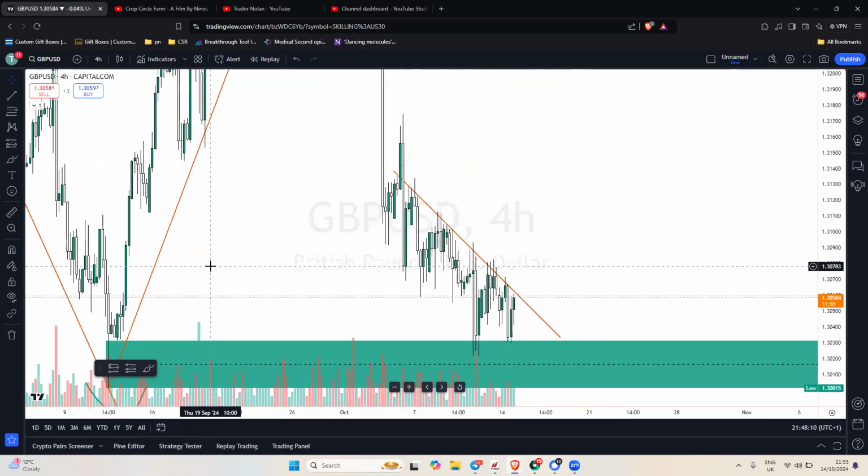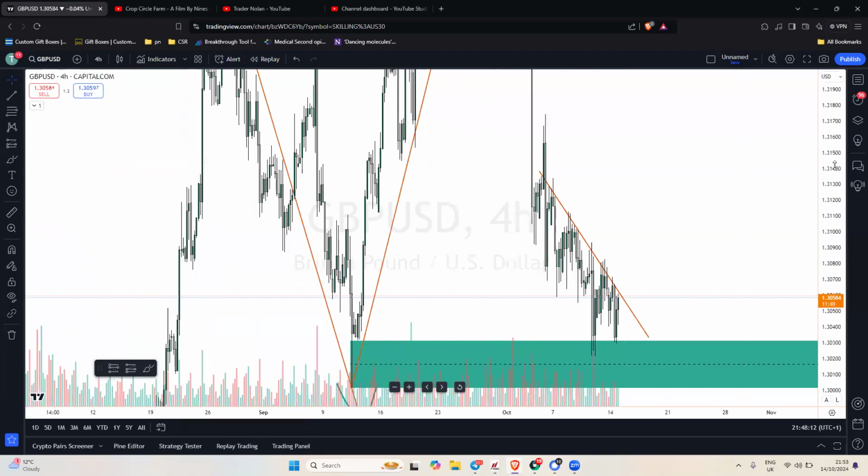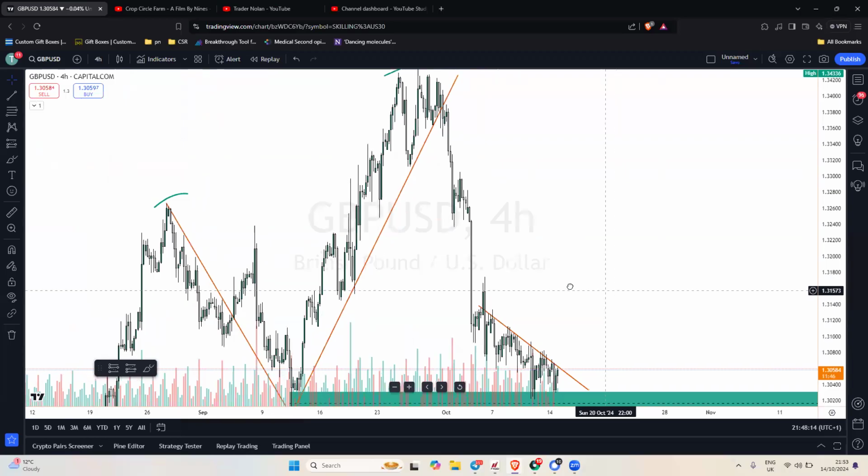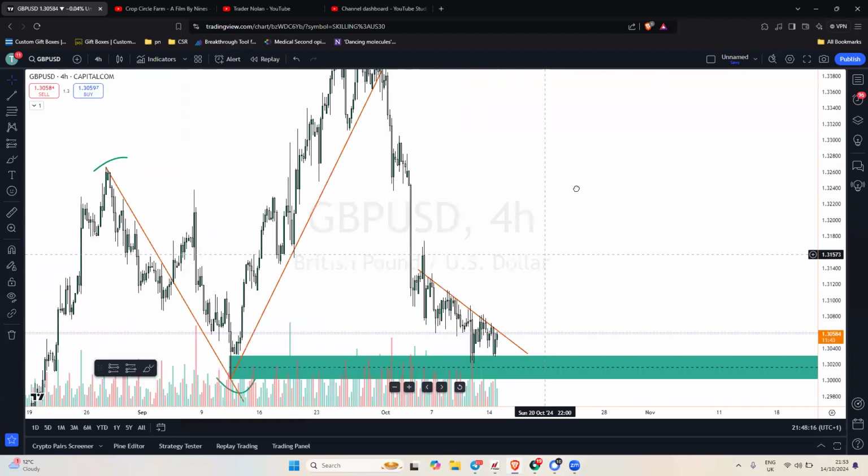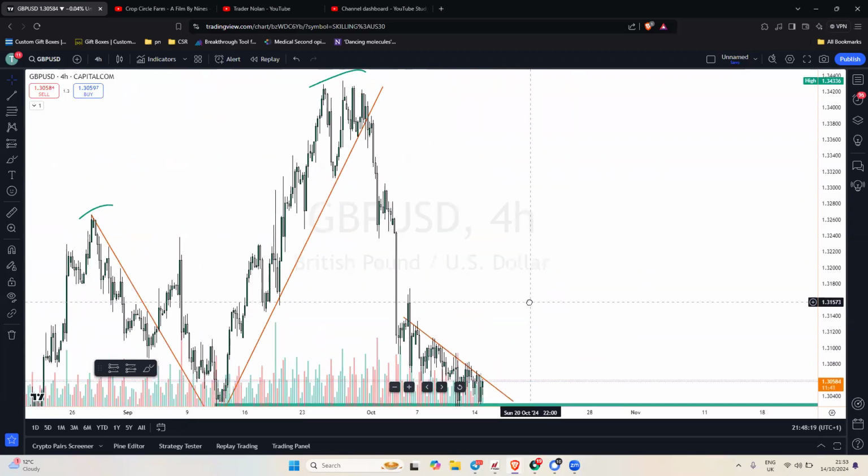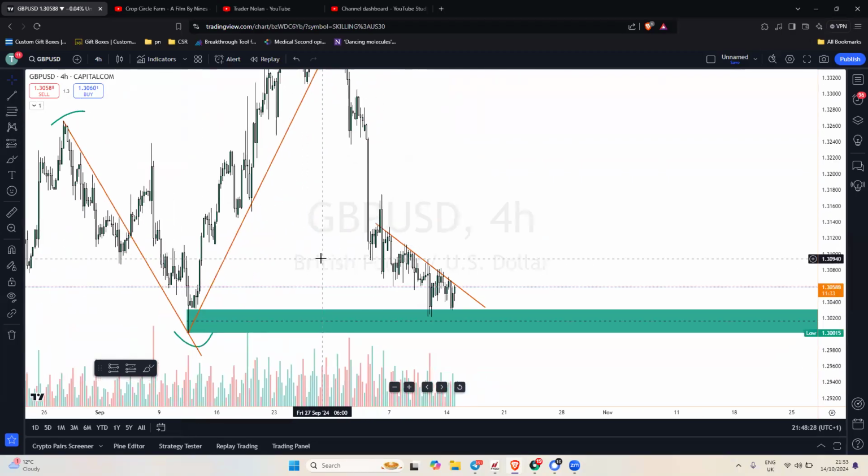All it is, and the point I'm making with the diagonal trend lines, is it depends how people want to draw them. I'm a lot more vague. I'm a lot more open to not exact, so I can use wick to wick or wicks to body. I'm not too fussed. It's more a general idea.